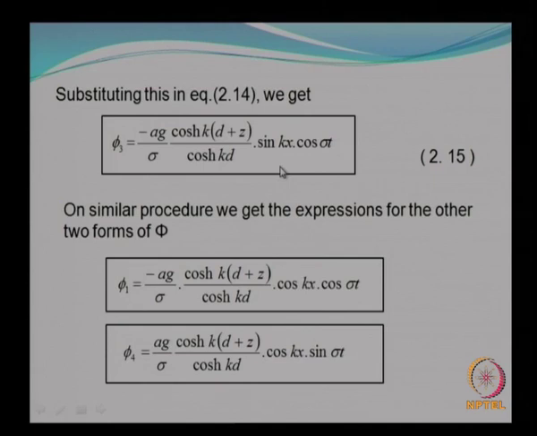But for both phi 2 and phi 3 we have got the amplitude part fine. See, when you look at simple harmonic motion, how do you define it? Amplitude into sine of some phase.